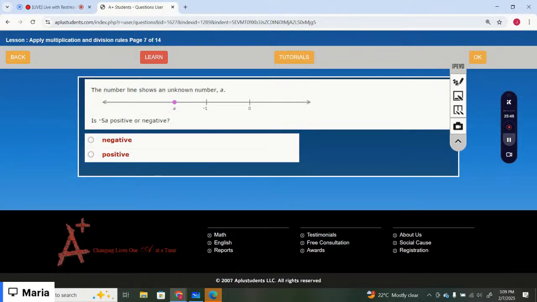The number line shows an unknown number A. Is negative 5A positive or negative?